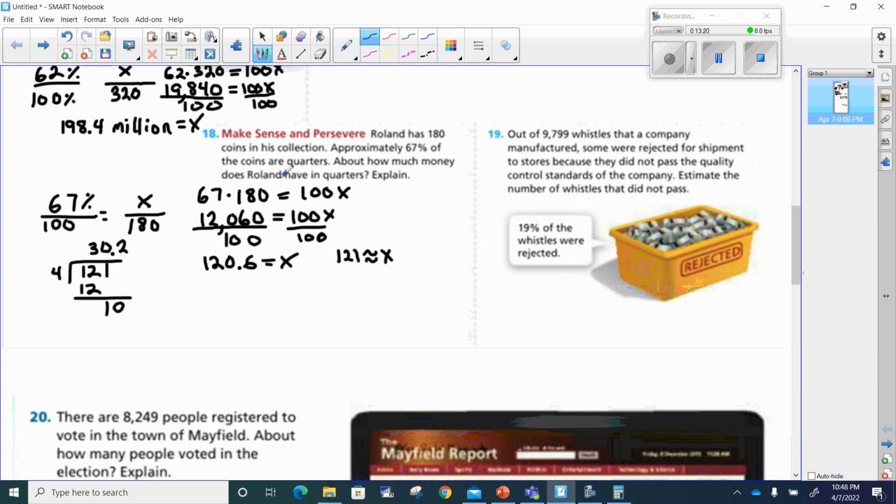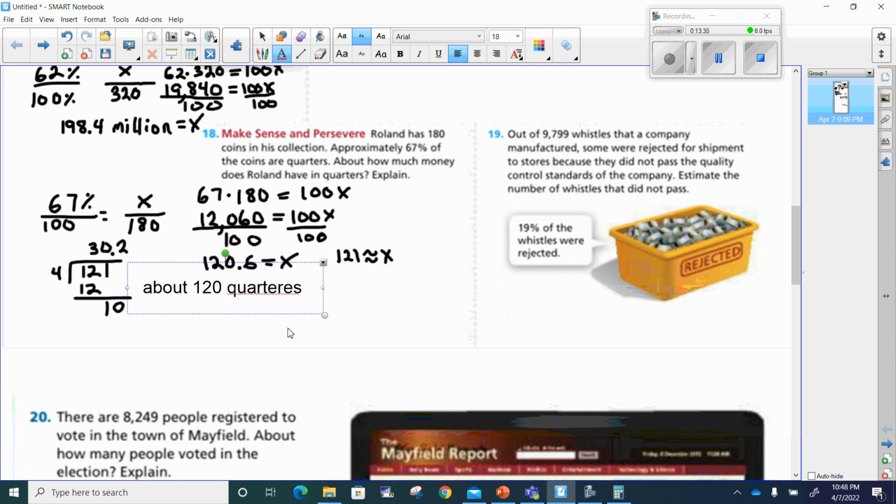So how much money did he have? About 120 quarters, which makes $30.